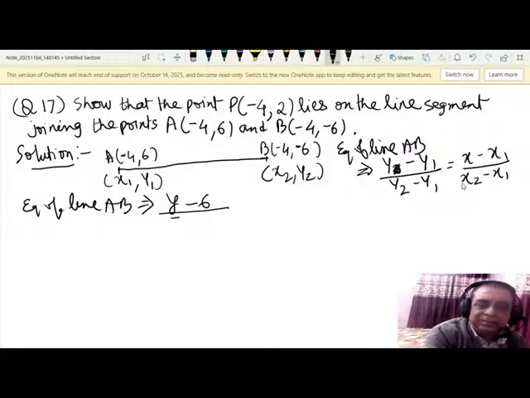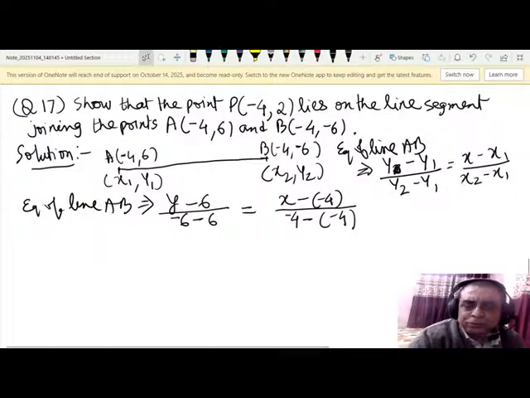Write here minus 6 minus y1. y1 is the y coordinate of A, which is 6, is equal to x minus x1. x1 is the x coordinate of A. It is minus 4, right? Minus 4 within the bracket, divided by x2. x2 is minus 4. Write here minus 4 minus x1. x1 is the x coordinate of A, which is minus 4. Now you write minus 4 in bracket.